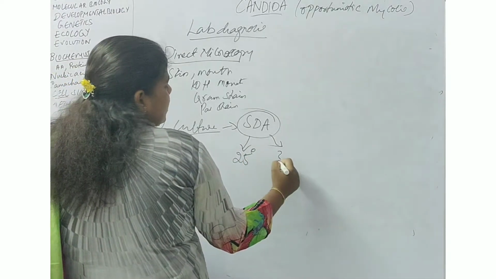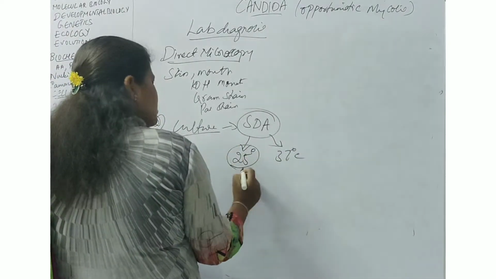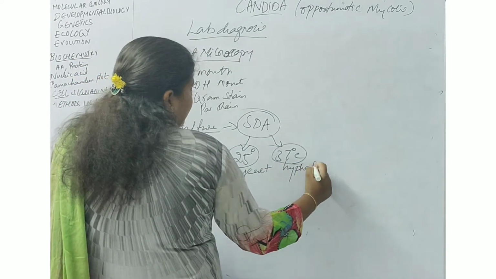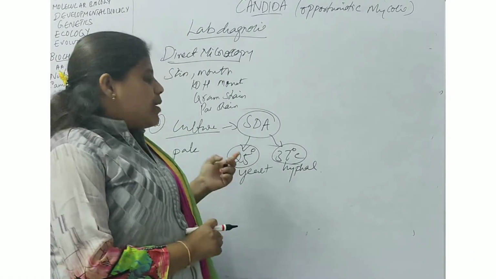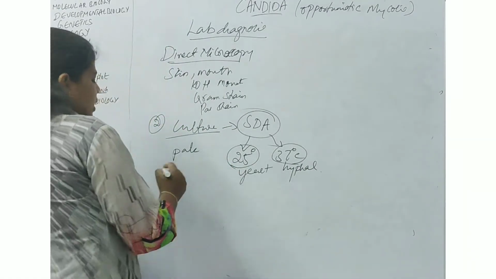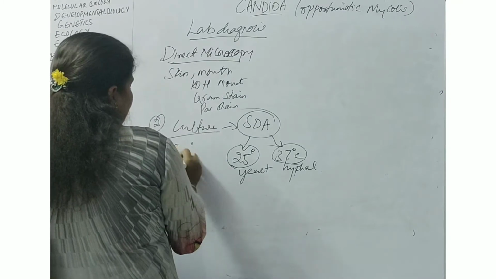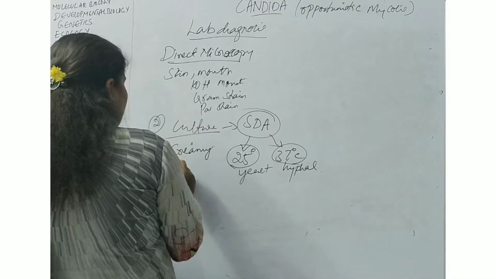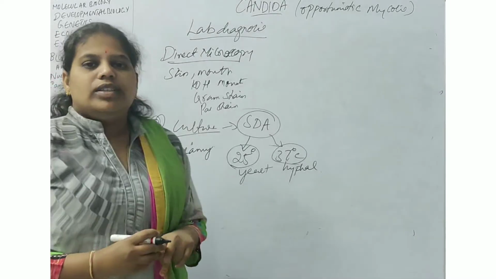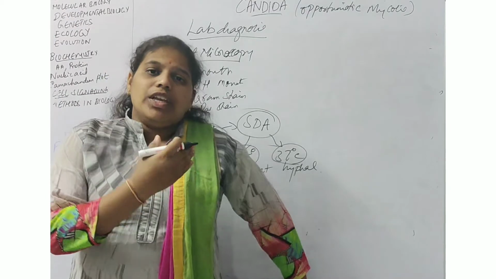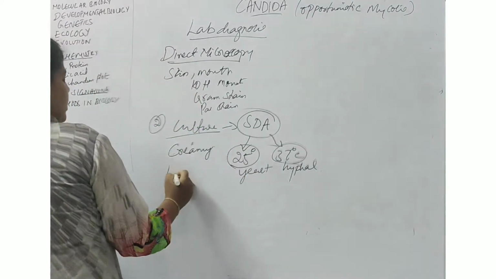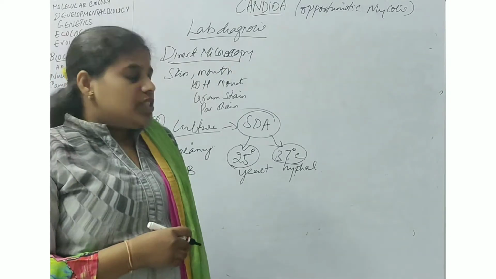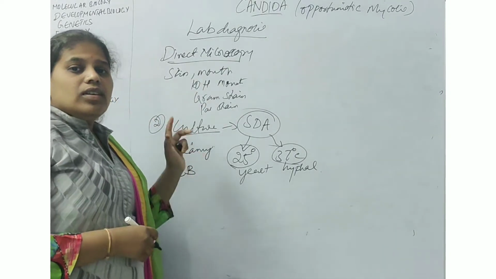When grown on Sabouraud dextrose agar, it shows creamy colonies, and we can also do an LPCB mount. These are the culturing methods of Candida.